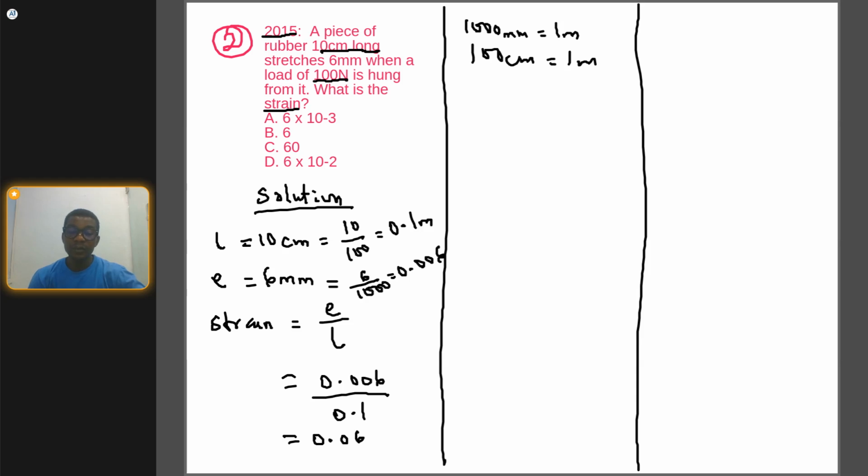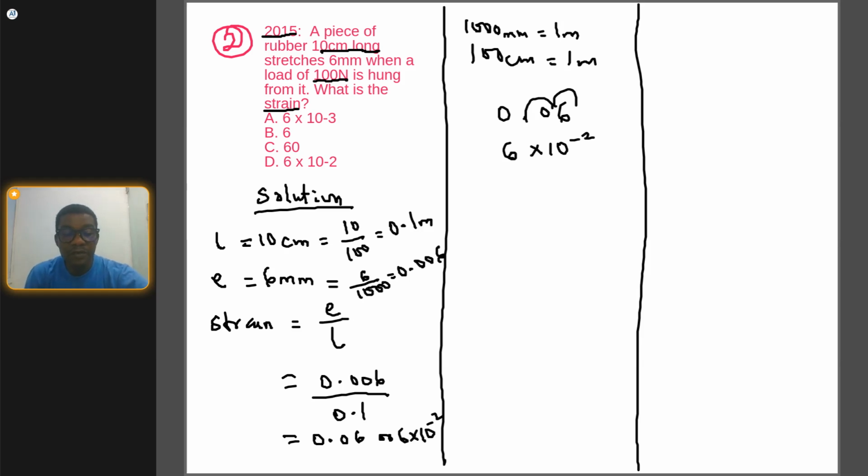What should be the value in standard form? If I have 0.06, if I move the decimal point 1, 2, that should be 6 times 10 raised to power minus 2. That will be the answer for this question.